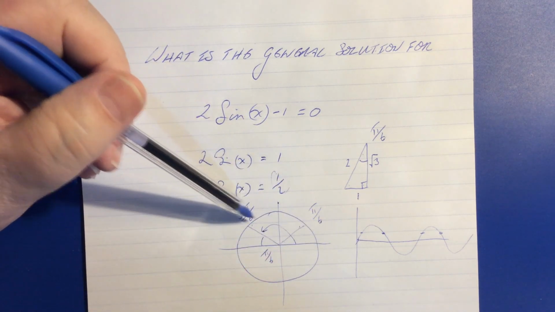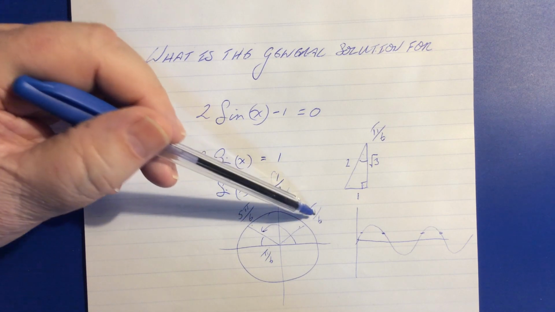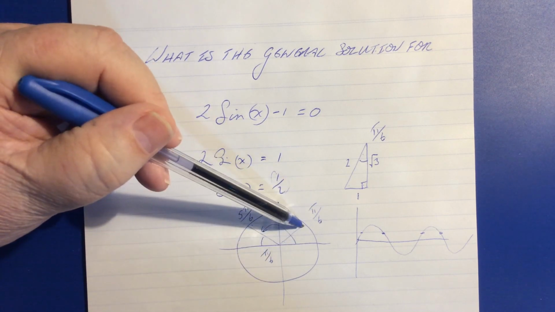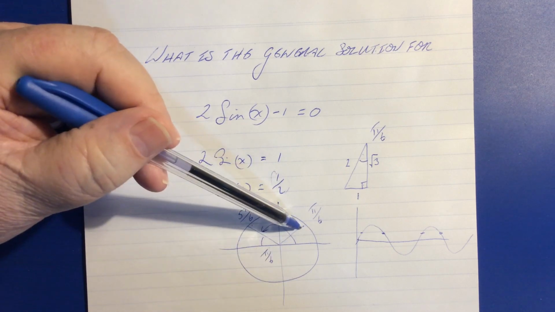So we could add 2 pi to this and get back to here. We could subtract 2 pi from it and get back to here.